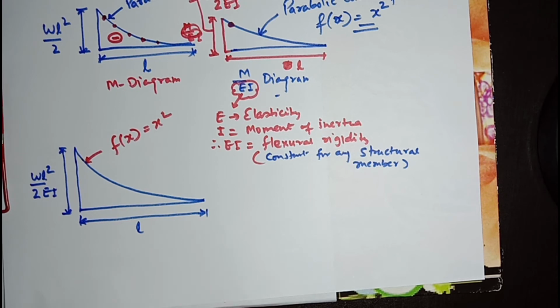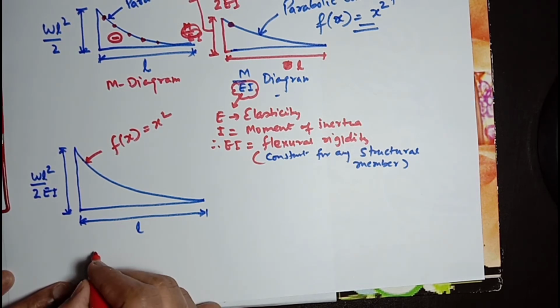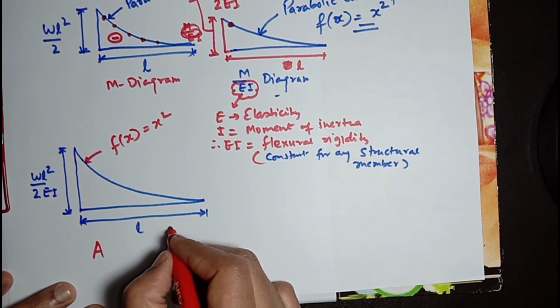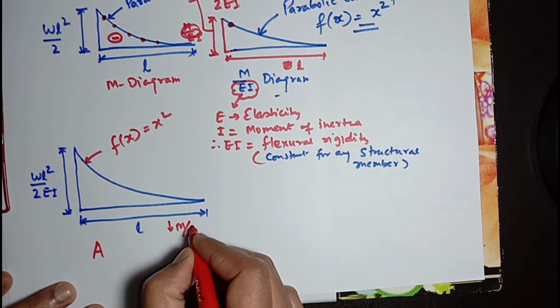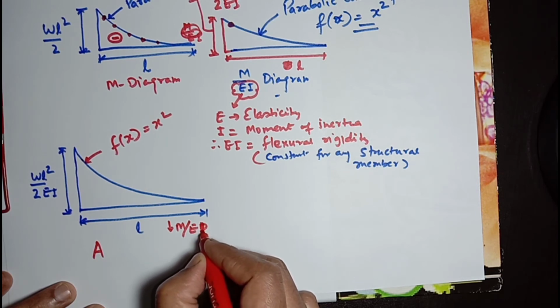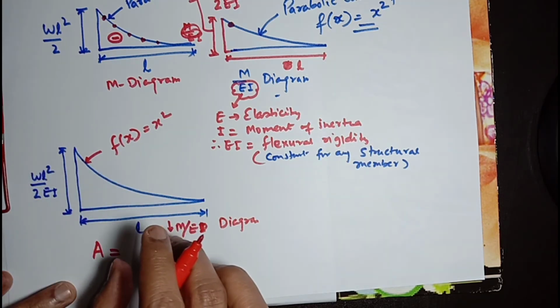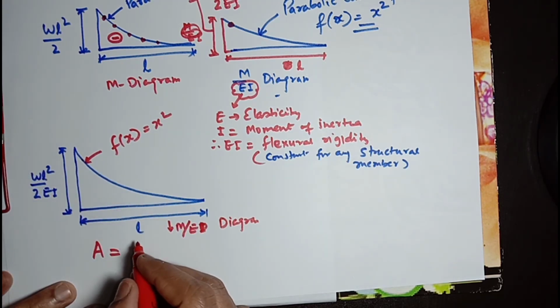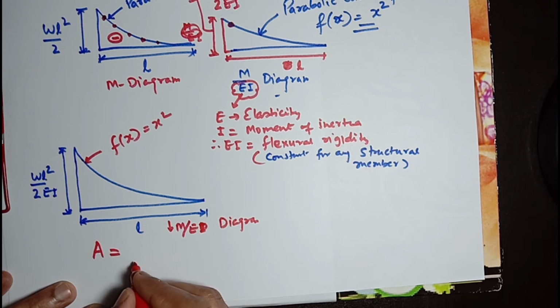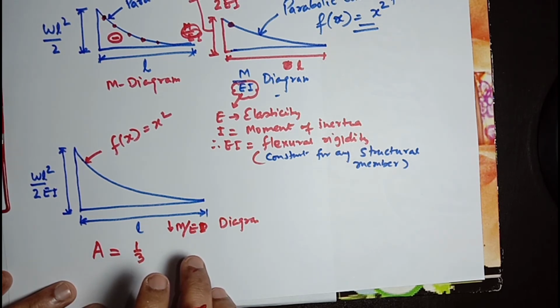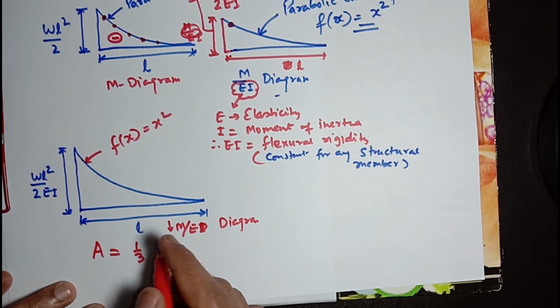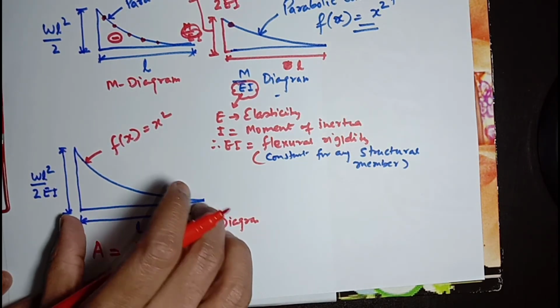Now, for any parabolic curve, the area of this M over EI diagram will be 1/3 multiplied by the length and the height.